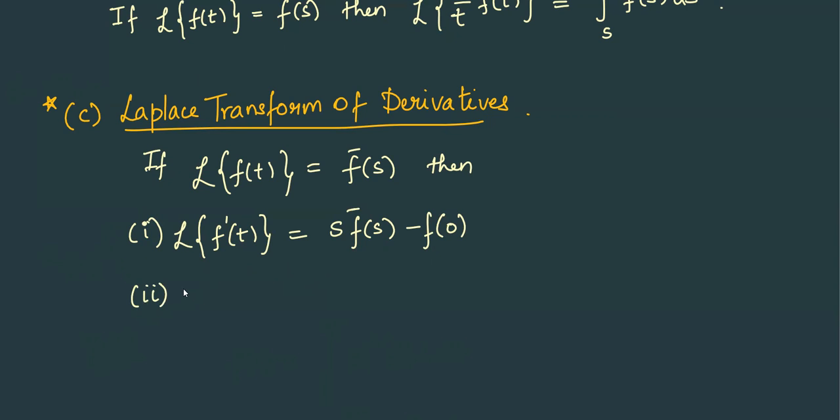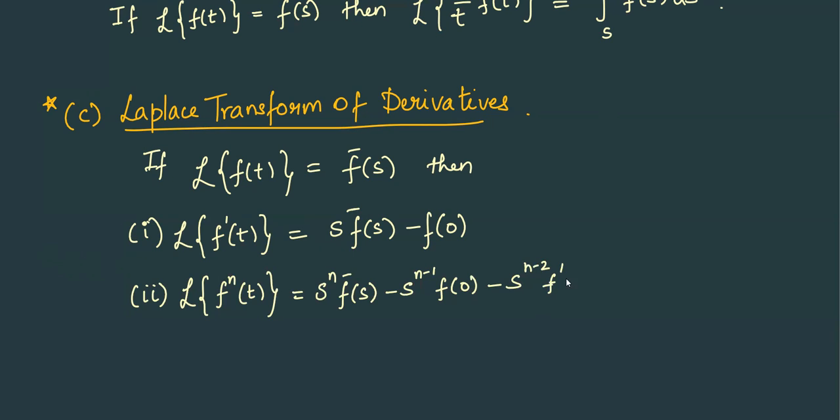Second, the Laplace transform of f power n, this is not power n, this is the nth derivative, is s power n f bar s minus s power n minus 1 f of 0 minus s power n minus 2 f dash 0 minus s power n minus 3 f double dash 0, and so on.